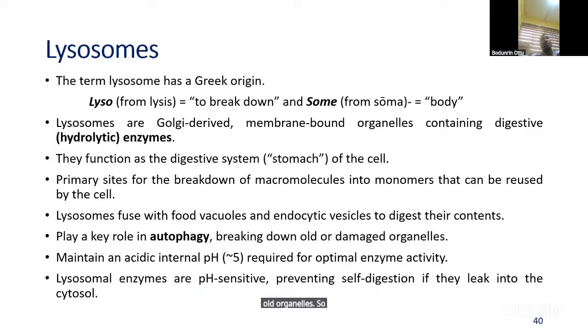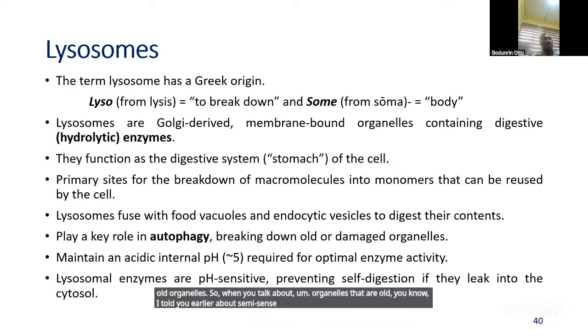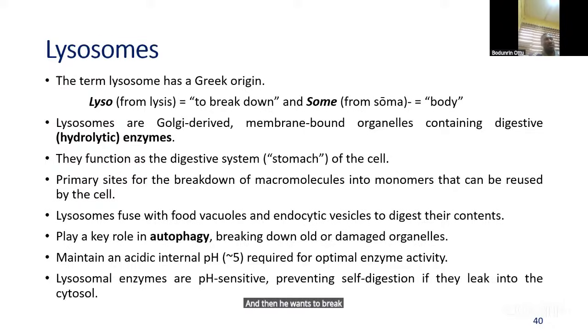I told you earlier about senescence. Sometimes some of these things are old, and the cell wants to break them down. That's what we call autophagy. Autophagy just helps to break down.